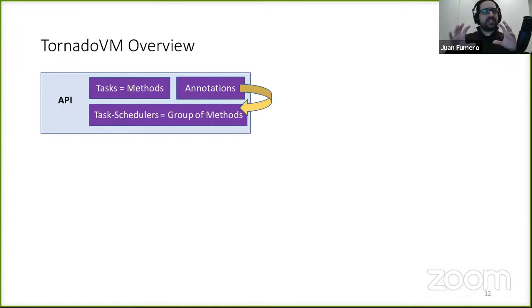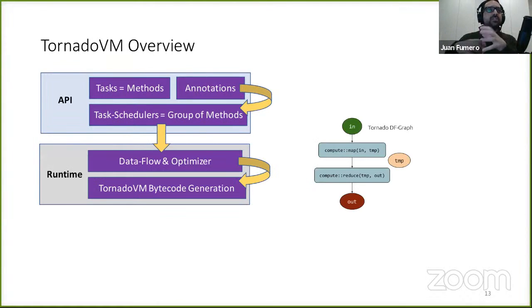Once the programmer writes the application with this API, we pass it to the Tornado runtime. The Tornado runtime will get all the methods that are grouped in the task scheduler and will optimize the data flow. I'll show you an example on the right-hand side. Each node represents how data is flowing, and the square represents computation.